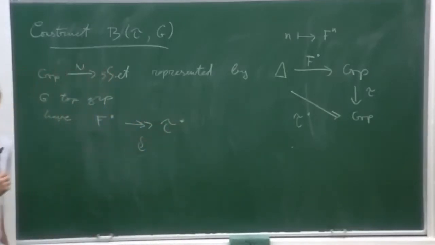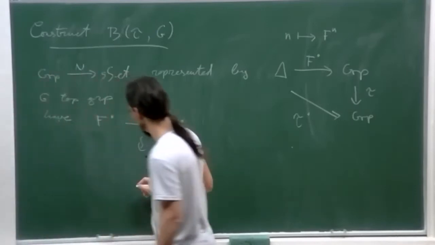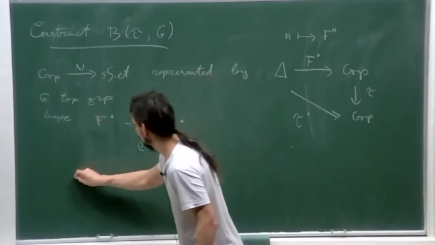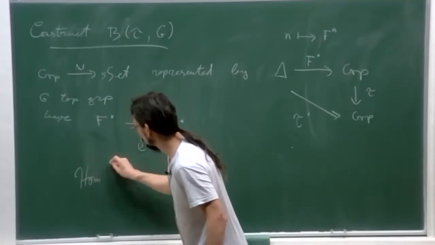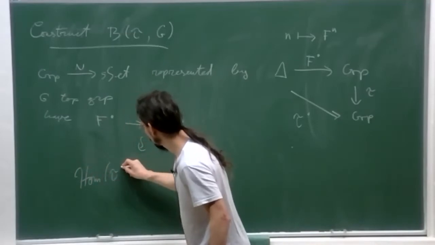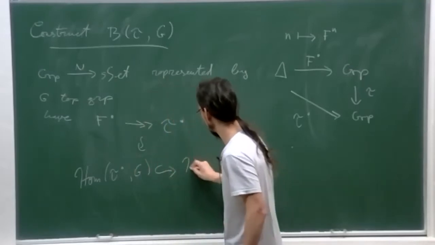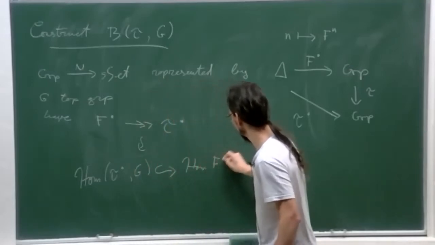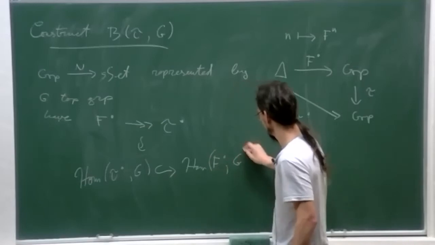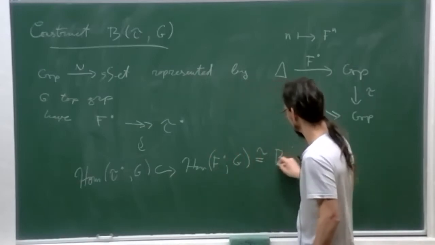So this thing gives us injections from tau into F, but that's just dg.